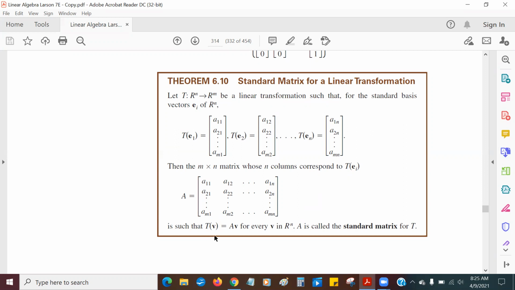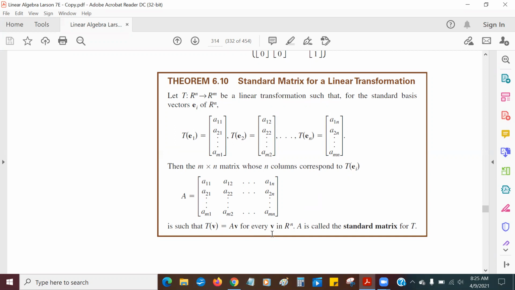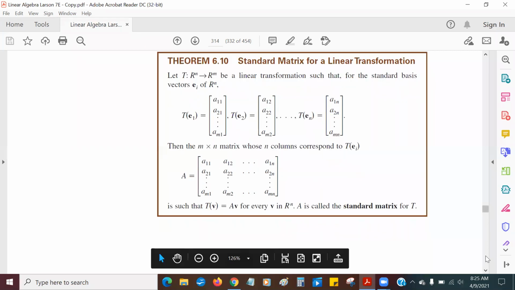So T of v is going to equal Av for every vector in Rn, not just for the standard basis vectors, but for every vector. And A is called the standard matrix for T. So that's how we construct this matrix A.